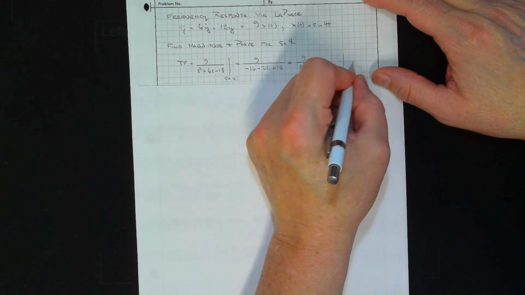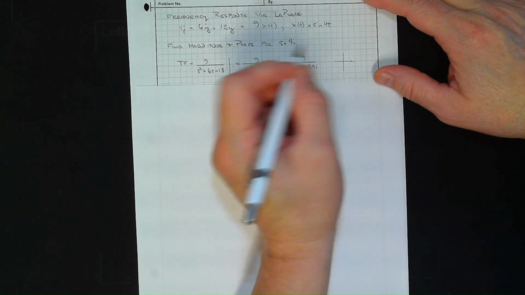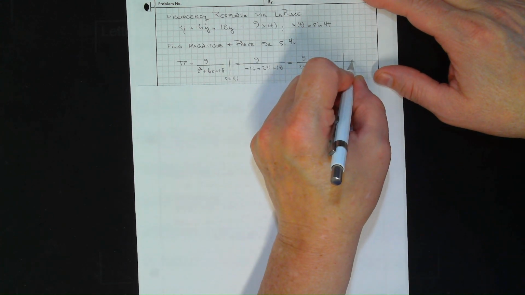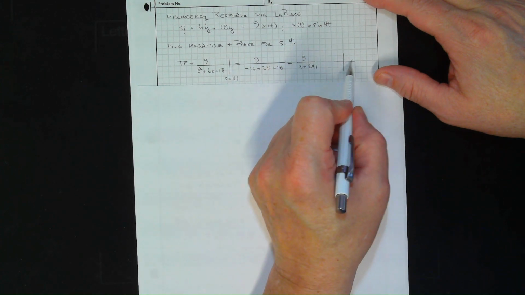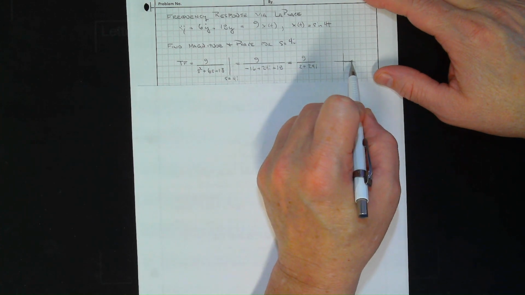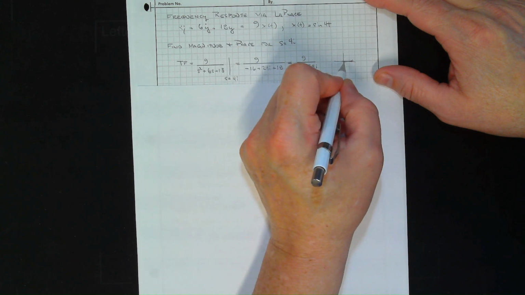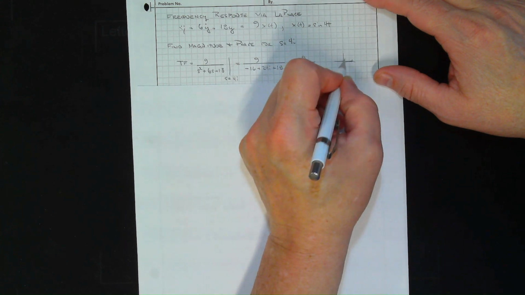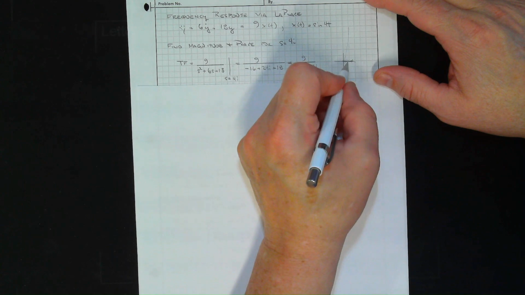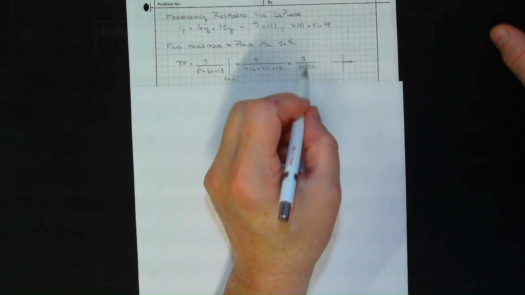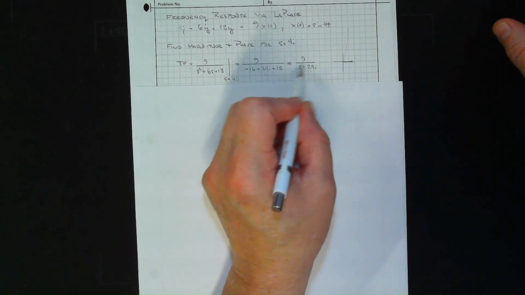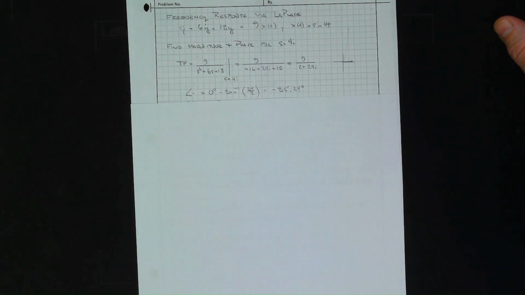You can do a little sketch: over 9 and up 0. So the angle to go out to this point would be 0 degrees. Then we have a plus 2 and a plus 24. This is in the denominator, so we'll subtract that angle off. So let's just put that to work.